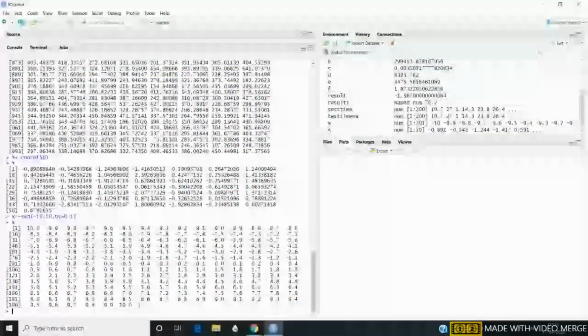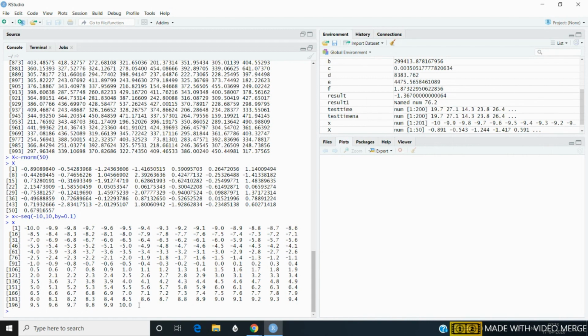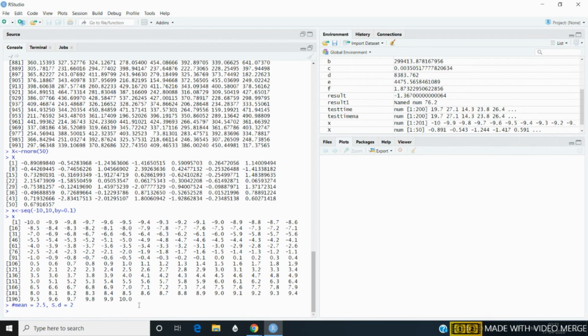So I'm writing mean equal to 2.5, standard deviation equal to 2.